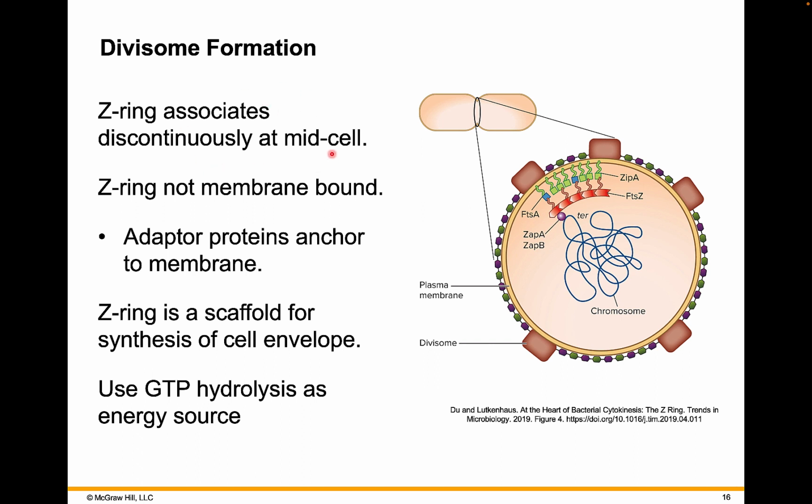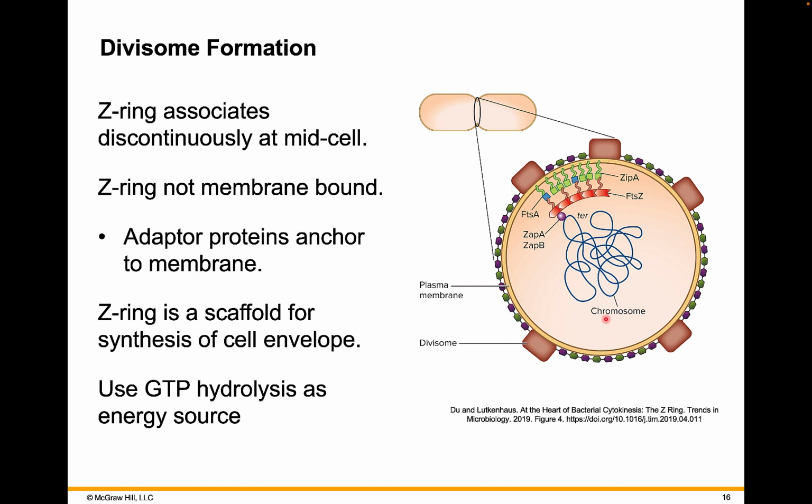This divisome is the Z ring associated with the mid cell. So what you are seeing right here is the divisome forming in the middle portion of the cell, and you are looking at the cross section. Remember that we are not looking from this side, but from this area. This is the cross section of the cell. You can easily see on the outside, this is the divisome area where you have all the peptidoglycan, NAG and NAM, which are alternating.